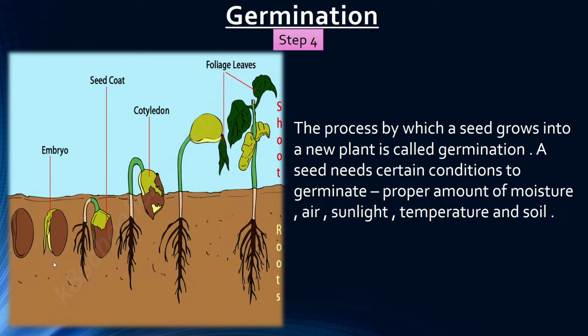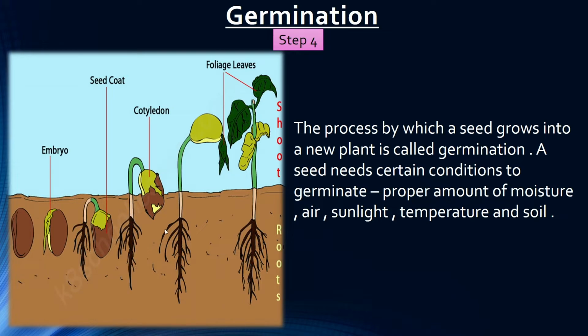A seed is sown in the soil. It absorbs water, air and warmth and becomes soft. The seed coat breaks and the baby plant, or seedling, comes out. It has a root and shoot. The root goes downwards to anchor in the soil.